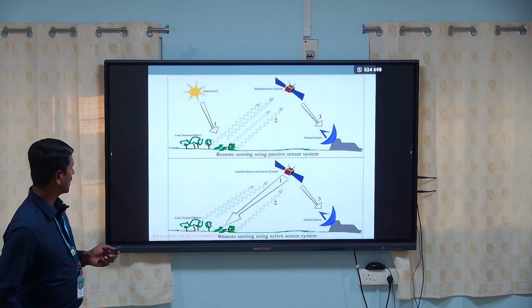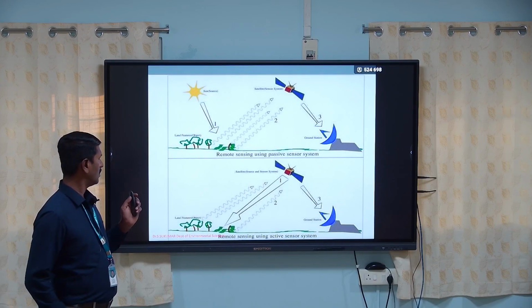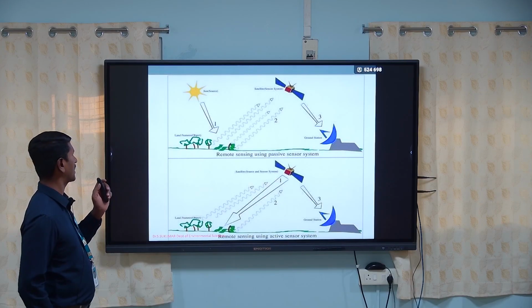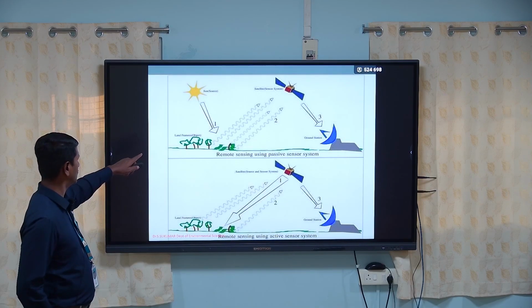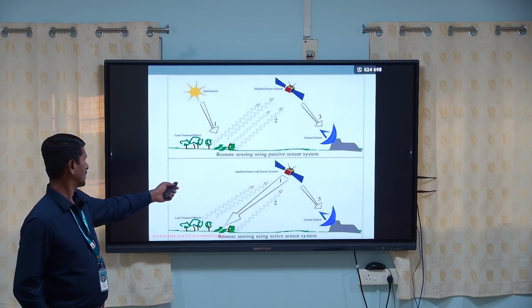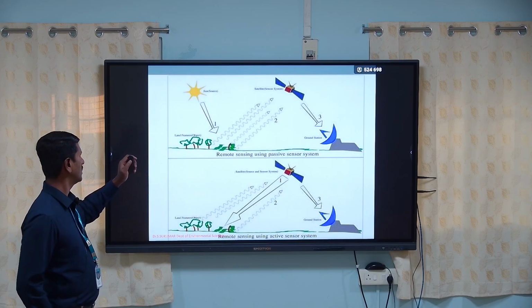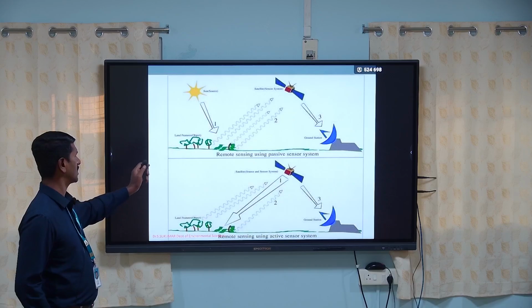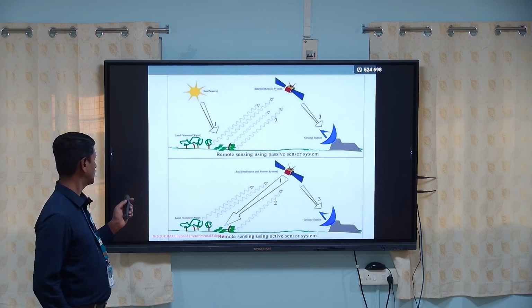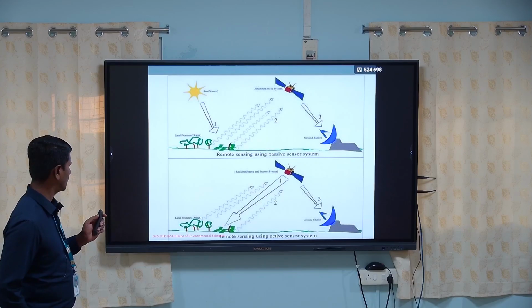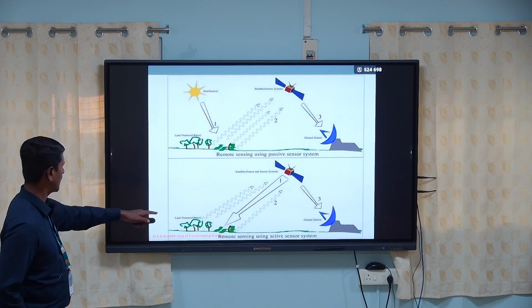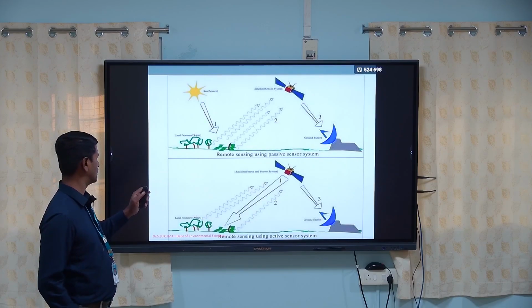This diagram illustrates the active sensor and passive sensor reflectance and recording systems. In the first one, the sun's energy falls on the ground surface and ground objects. Immediately the energy is reflected to the environment, and this energy is captured. So this is the major difference between active and passive sensors in the schematic diagram. The satellite has its own energy.